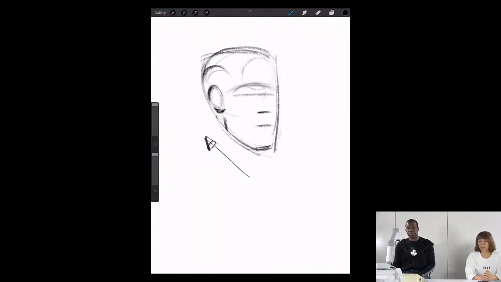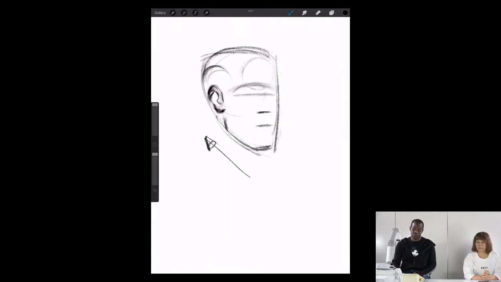Okay. And again, there's my shorthand for the ear.